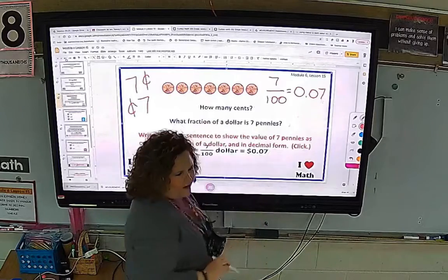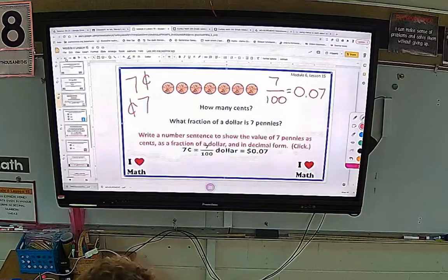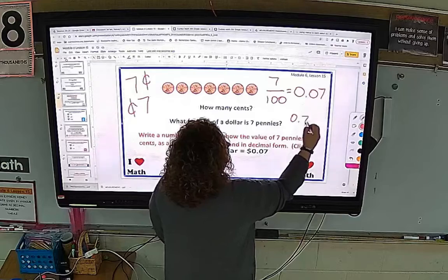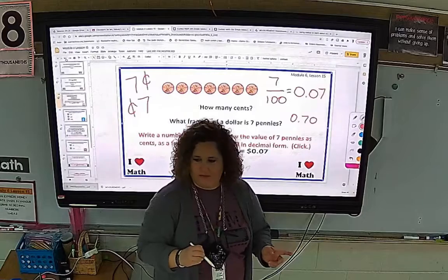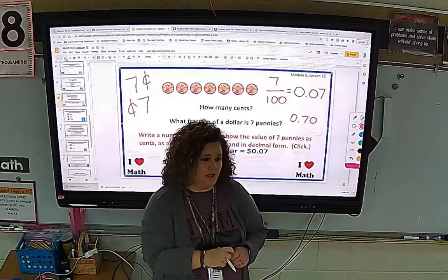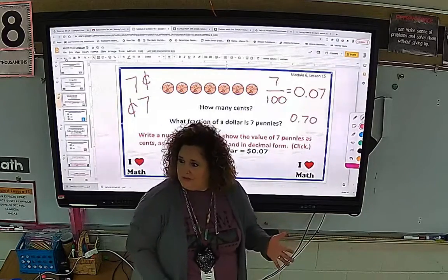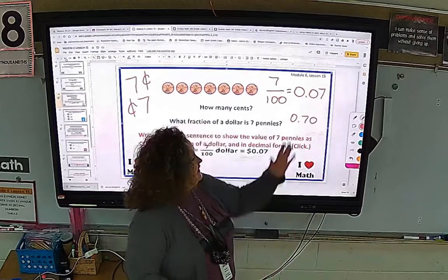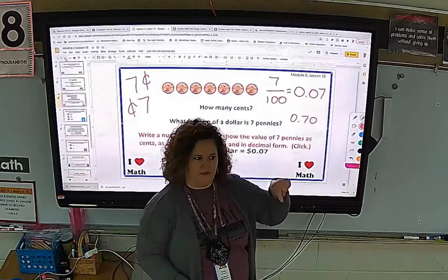Now this is where, with money, you really want to be accurate in how you write this, because there's a big difference in 70 cents and 7 cents. Especially if you're standing at the cash register and the person checking you out says you owe this much money, and you're digging because you thought it was 7 and it's really 70, and you don't have enough to pay. Or maybe it's about getting your change back and you're supposed to get 70 back, but they only give you 7.